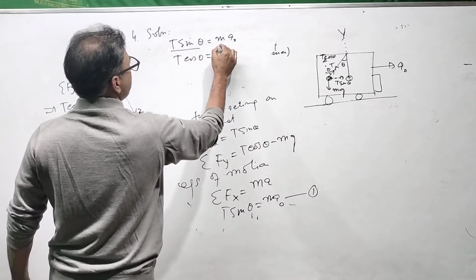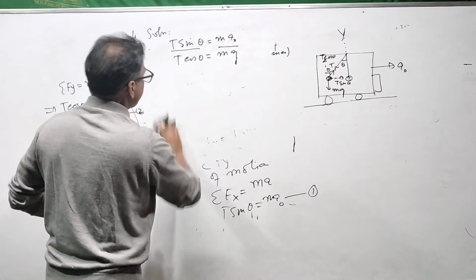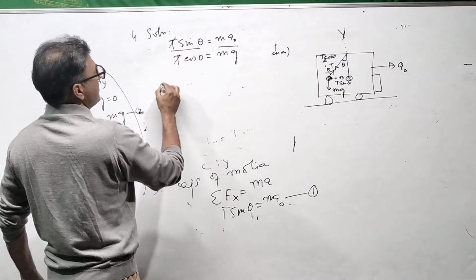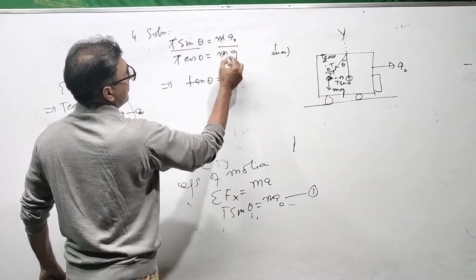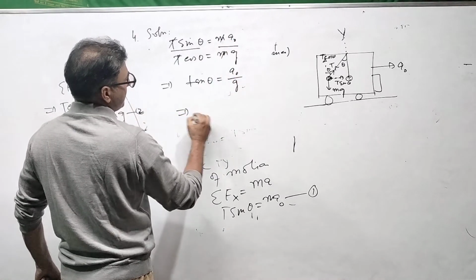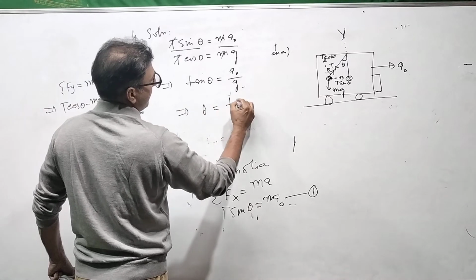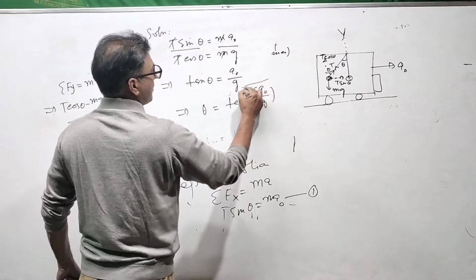You just divide them. When we divide them, what do we get? This cancels, and we get tan theta is equal to a0 by g, and theta is equal to tan inverse of a0 by g. That is all.